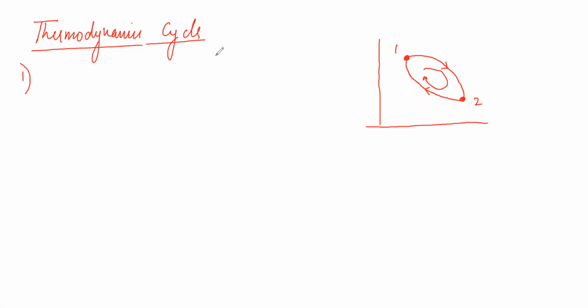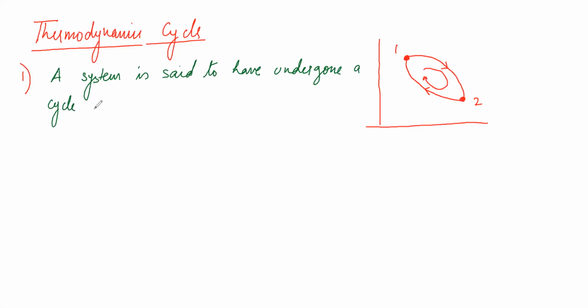So with respect to the statement, you can say that a system is said to have undergone a cycle if the initial and final points are same.